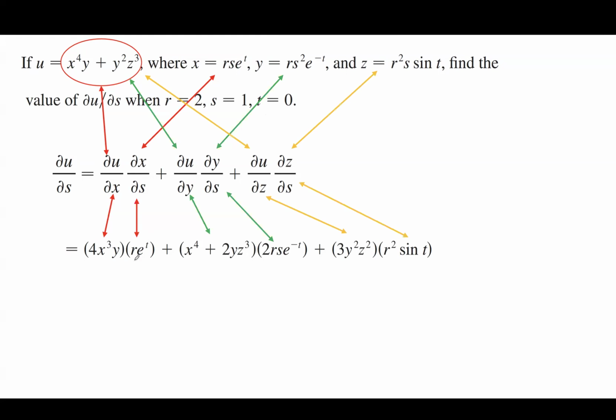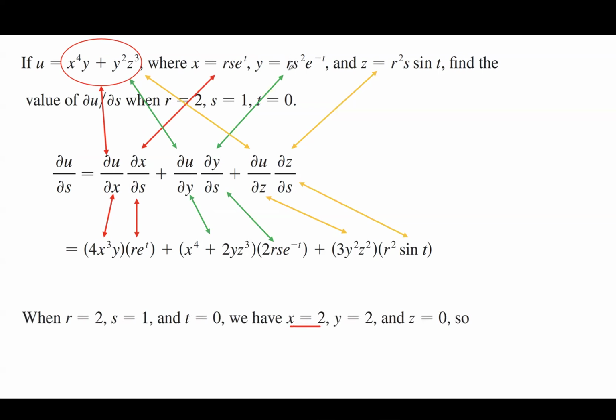So we have the values for r, s, and t, but what are x and y? To find the values for x and y, you substitute these numbers into the expressions given to you. When r is 2, s is 1, and t is equal to 0, you get 2 times 1 times e to the power 0, which is 1, so x becomes 2.